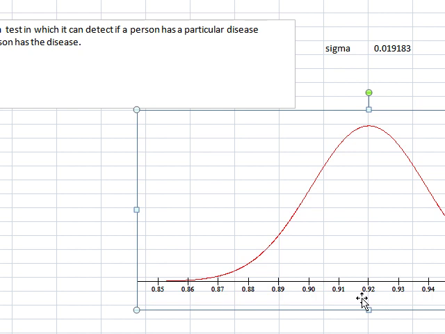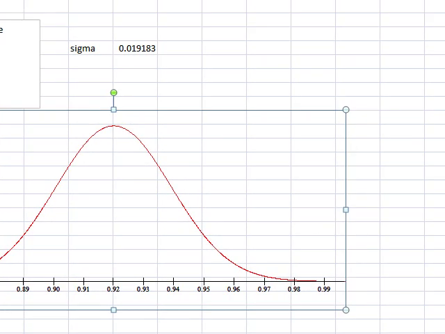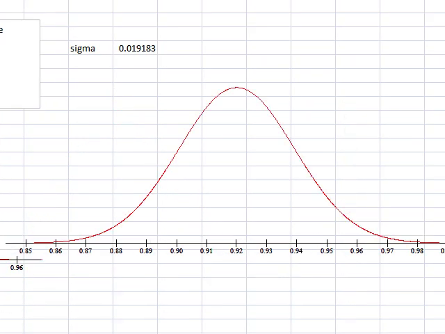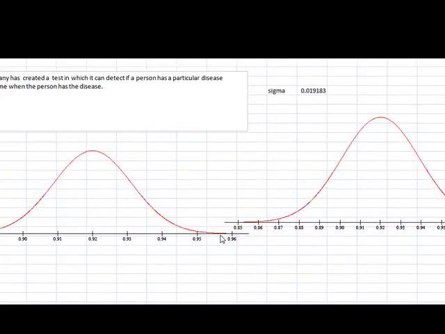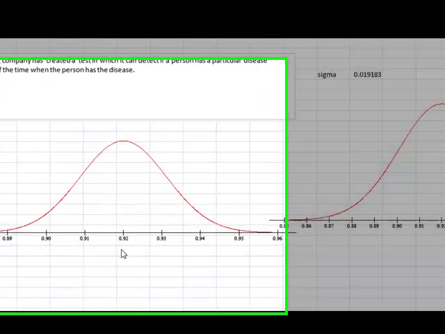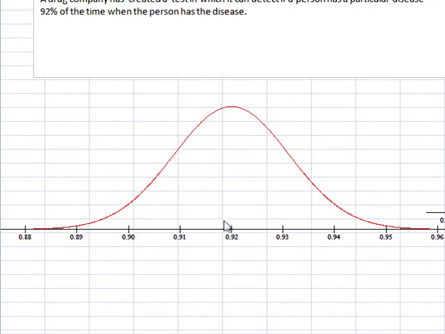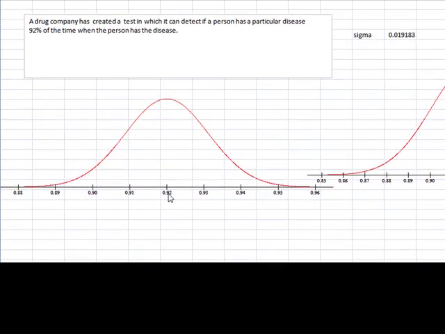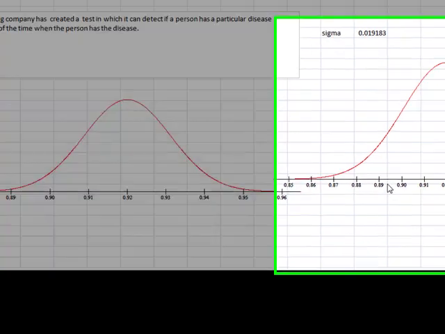depending on the sample size. So for example, if the sample size is 500 instead of 200 for this example, you can see that there's a little less variability. So here's a sample size of 500, and you'll notice now that getting a sample proportion of 89% or less is less likely than if you were looking at a sample size of 200.